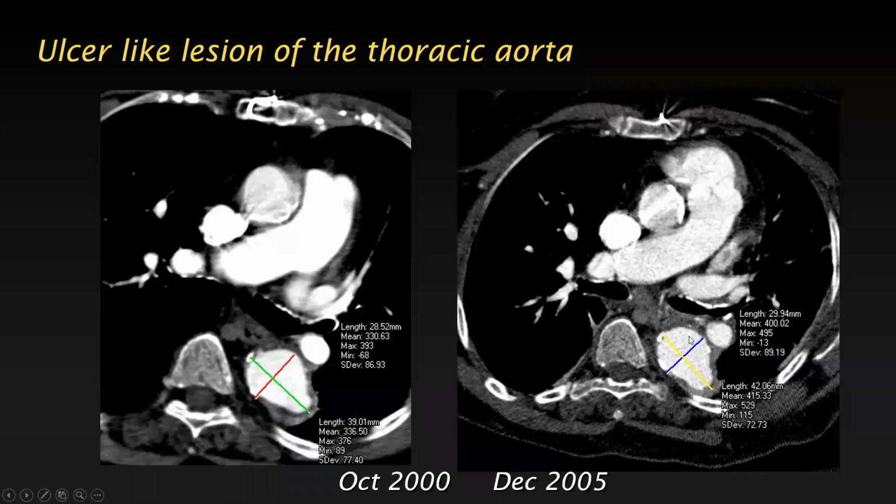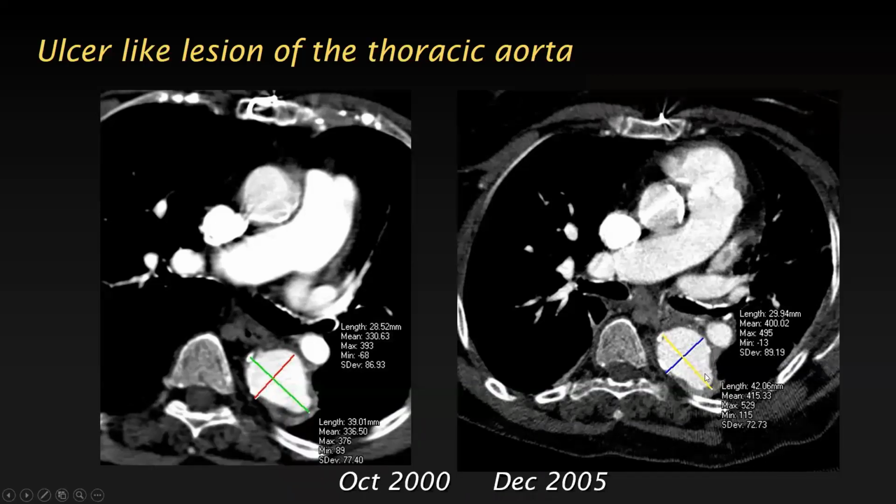What we see here is a patient who probably had an acute penetrating atherosclerotic ulcer sometime before October 2000, and then this lesion healed, it re-endothelialized. Once they are there, these lesions can remodel, they can get a little bit larger, they can ultimately become wider mouthed. And if this becomes wider, at some point it may look just like a focal saccular aneurysm.